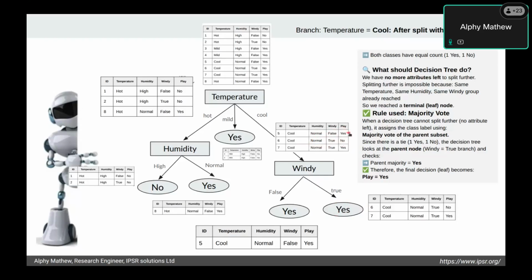Most of the observations in the parent say play equal to yes. There are two yes and one no. So the majority is yes. So replace it with yes. Why? Because here there is only one no and one yes, a tie. To break the tie, it will look in the parent subset, and whichever is the majority there will be placed here. That is yes. So this is how our entire tree is built.